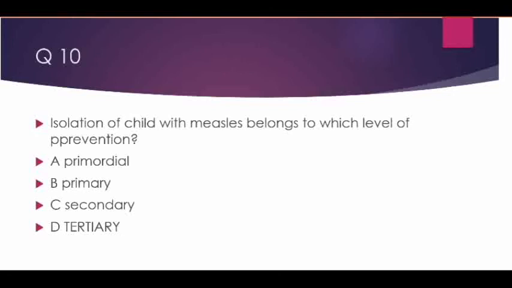So it comes under the secondary level of prevention. Let's conclude: isolation is included in primary level of prevention because it is specific protection, and quarantine is included in secondary level of prevention because here we use early screening of persons exposed to a certain contagious disease.